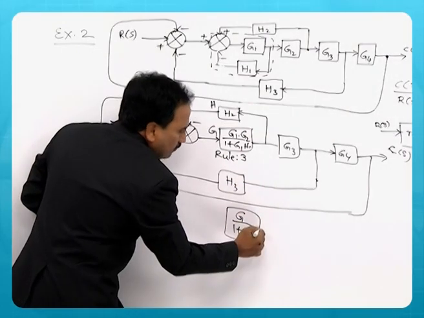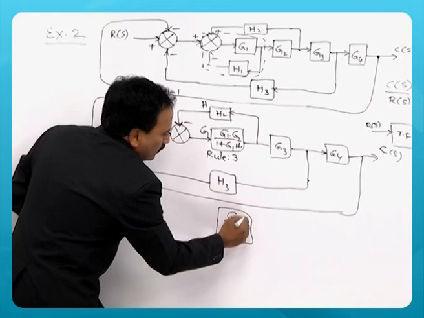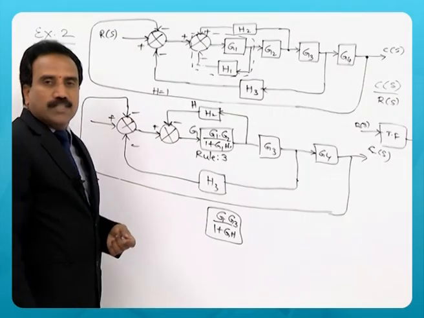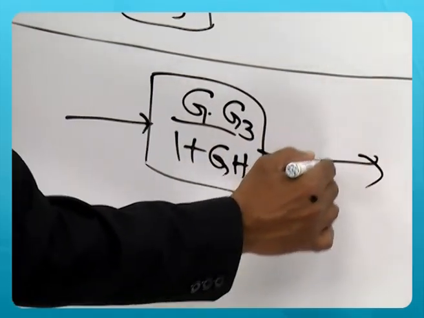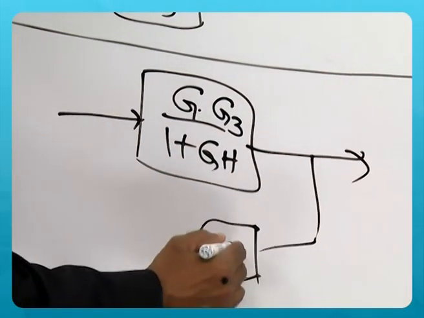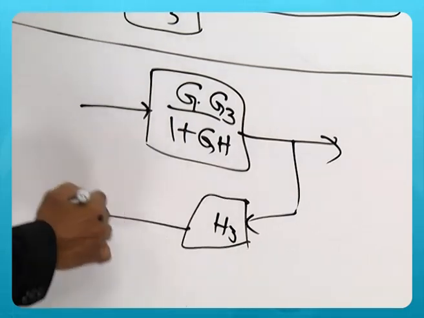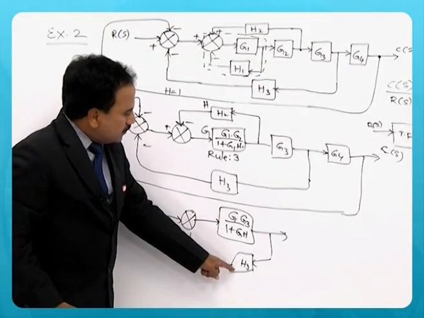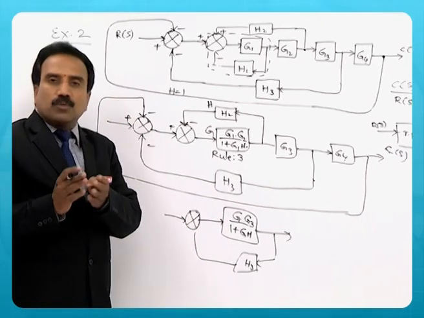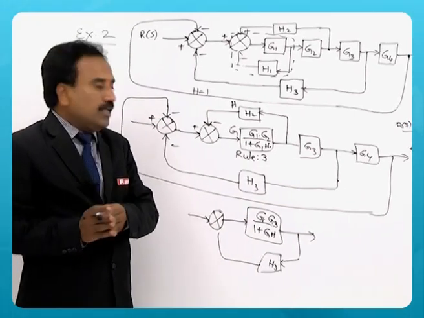So that is in cascade with G3, so that is multiplied by G3. So once you get this block, then there is a feedback of H3. You need to eliminate that particular feedback loop again by using the GH rule, elimination of feedback rule 3.